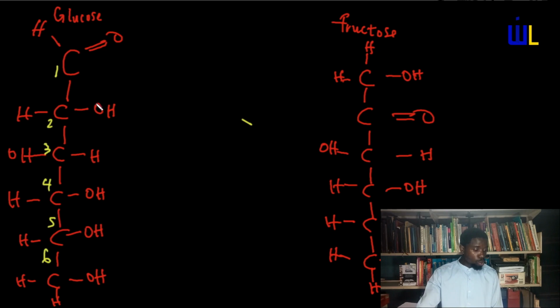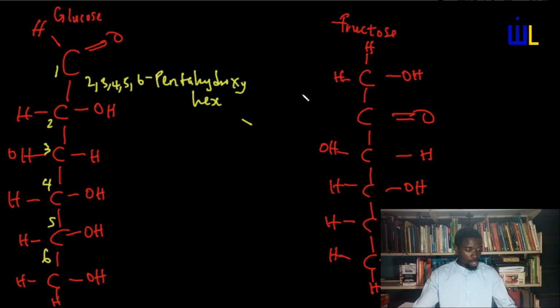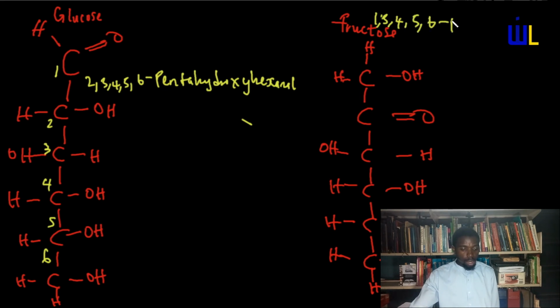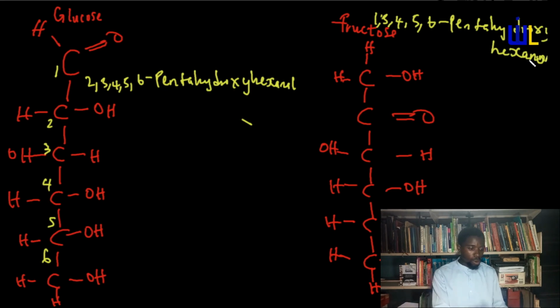So this is going to be 2, 3, 4, 5, 6-pentahydroxyhexanal. And here for fructose you have 1, 3, 4, 5, 6-pentahydroxyhexanone, because it possesses a non-terminal carbonyl carbon atom.